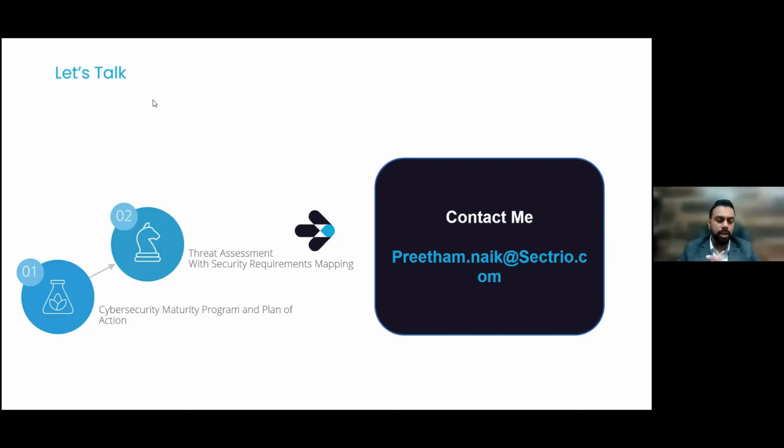Or even beyond that, if you're looking at specific IoT and OT security platforms, an integrated or converged IT and OT network platform is something we're happy to talk about.